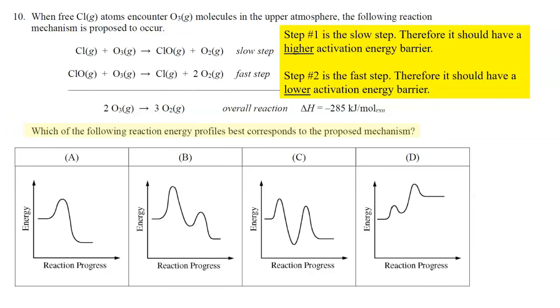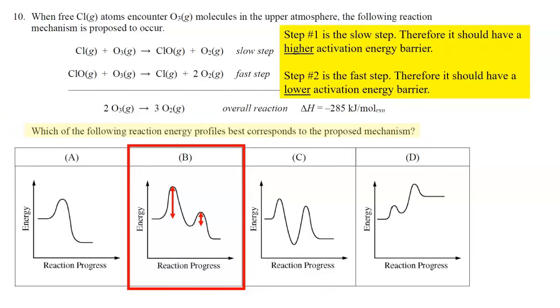So the correct diagram that would represent this situation is choice B. We can see a higher activation energy for step 1 in that diagram and a lower activation energy for step 2. So it's going to be a slow step followed by a fast step. So choice B is the correct answer to question 10.